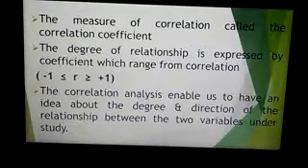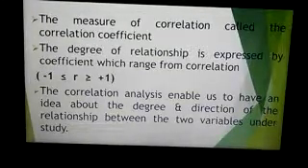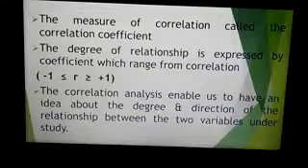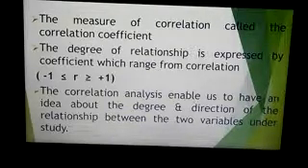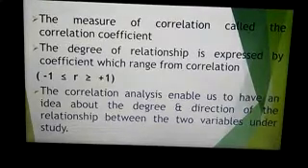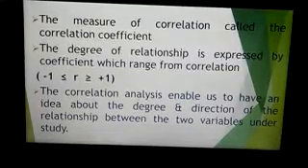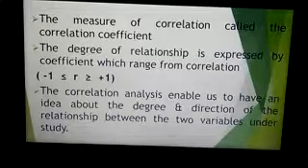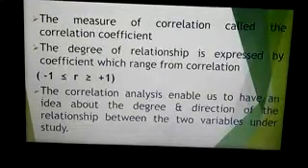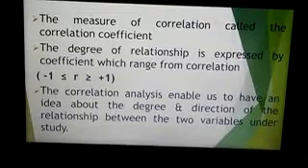The degree of relationship is expressed by a coefficient which ranges from -1 to +1, that is, r is greater than or equal to -1 but less than or equal to +1. When the correlation is -1, they are negatively correlated, and when the measure is +1, they are positively correlated.